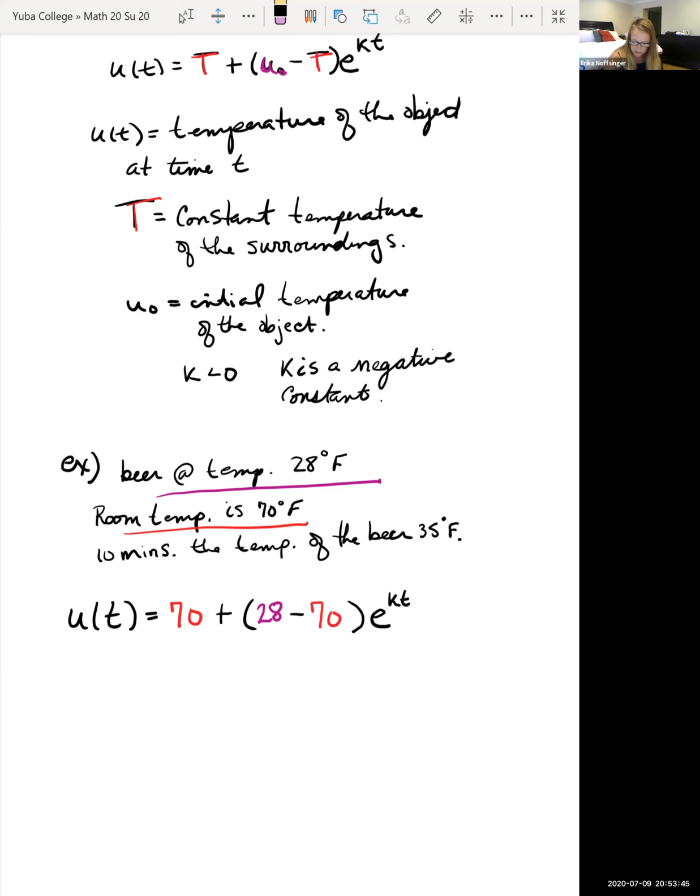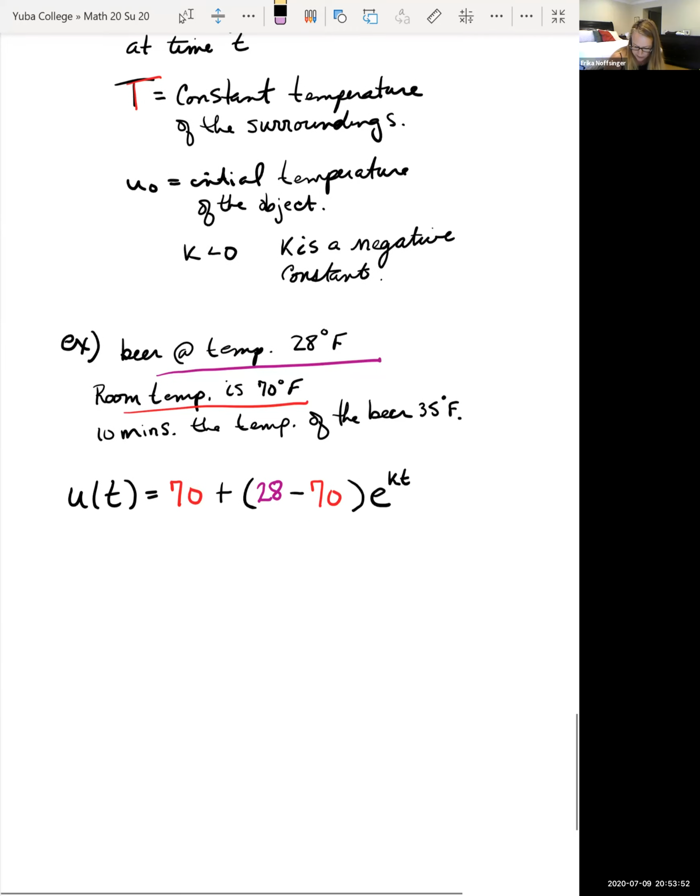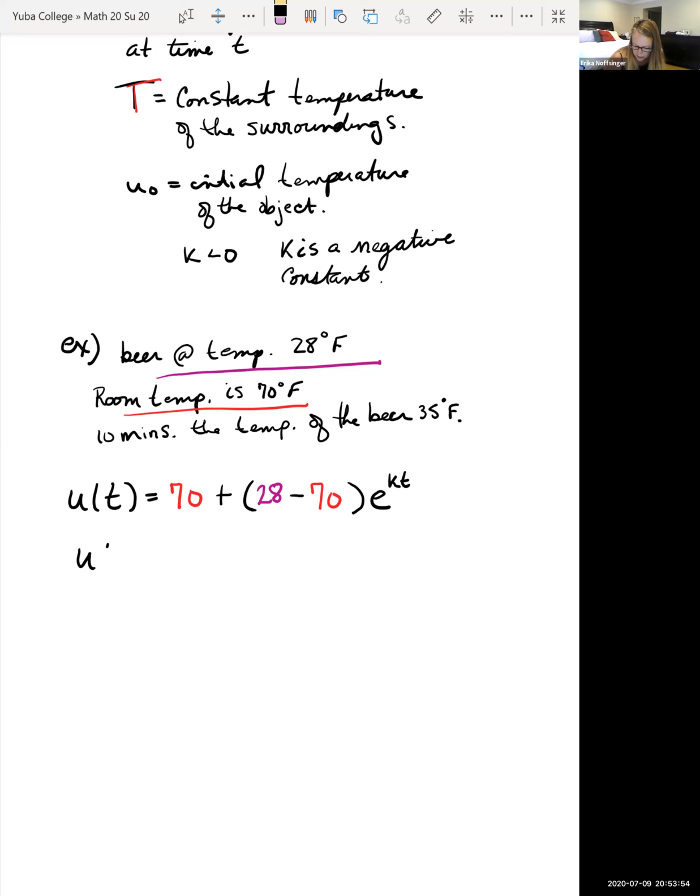Let's simplify that a little bit. We have multiple variables still in here, so we need to use some of the information given. So we have u(t) equals 70 plus 28 minus 70, which is negative 42, e to the kt.